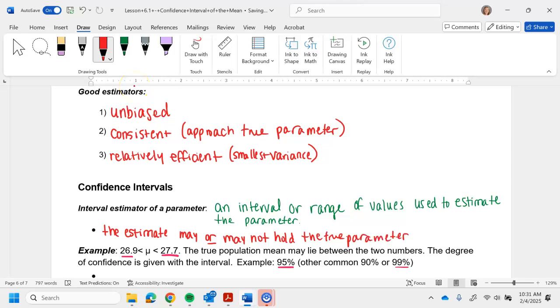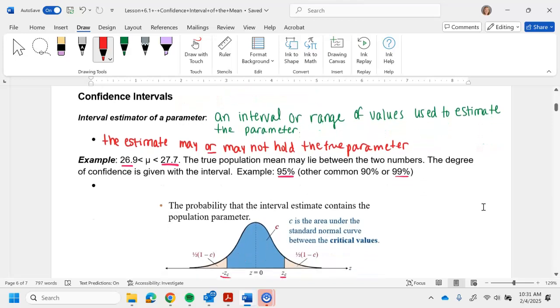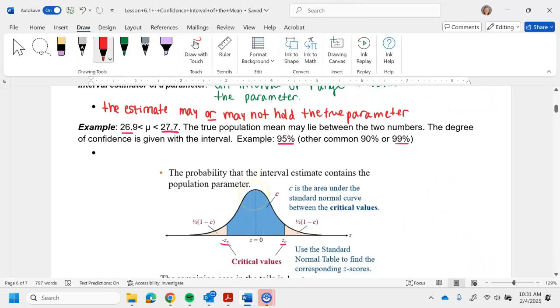So you can come up with this range based on your collection of information, but the actual mean may or may not belong in there. That's why when we talk about how confident we are in what we're doing, we will never say we are 100% confident. The more confident that we are, the larger the ranges that we look at, but we're never 100%.